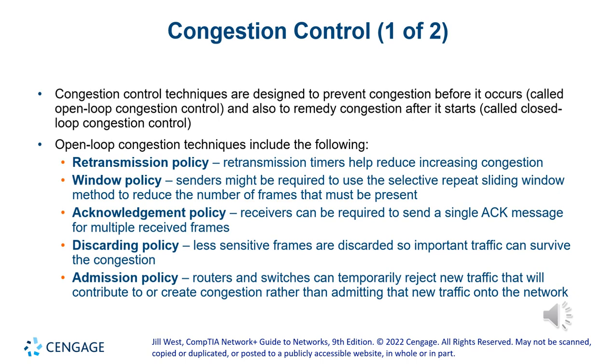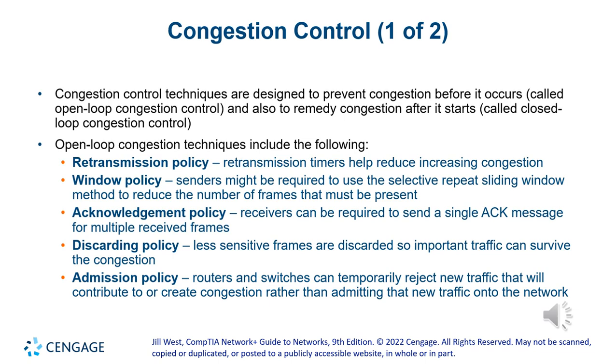But if it's already starting, and you're seeing it, the congestion is happening right at that moment, that is called a closed loop congestion. So open loop congestion is before it happens, but while it's happening, that you capture it right when it's happening, is a closed loop congestion.